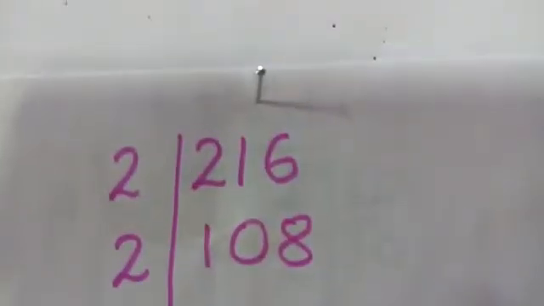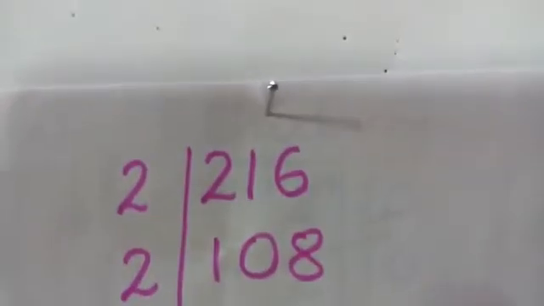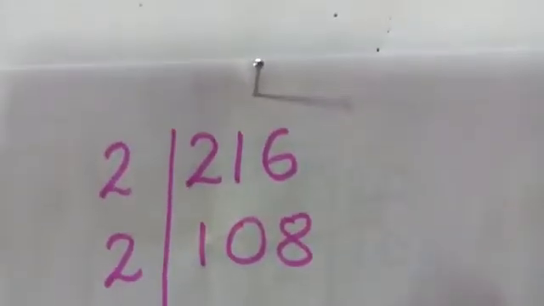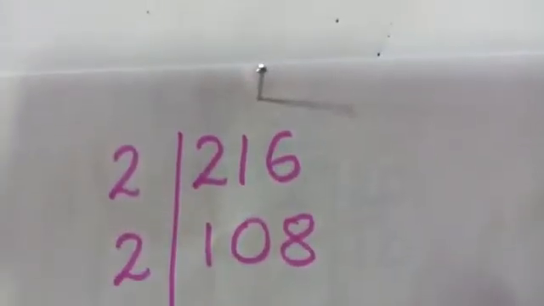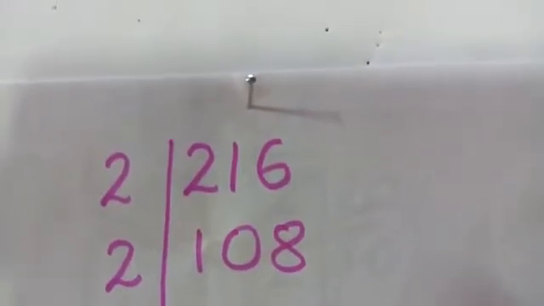Question number 5 is 216. Vertical line is drawn. 216 is written on the right hand side. 216 is an even number. 6 is in the units place, so it can be divided by 2.